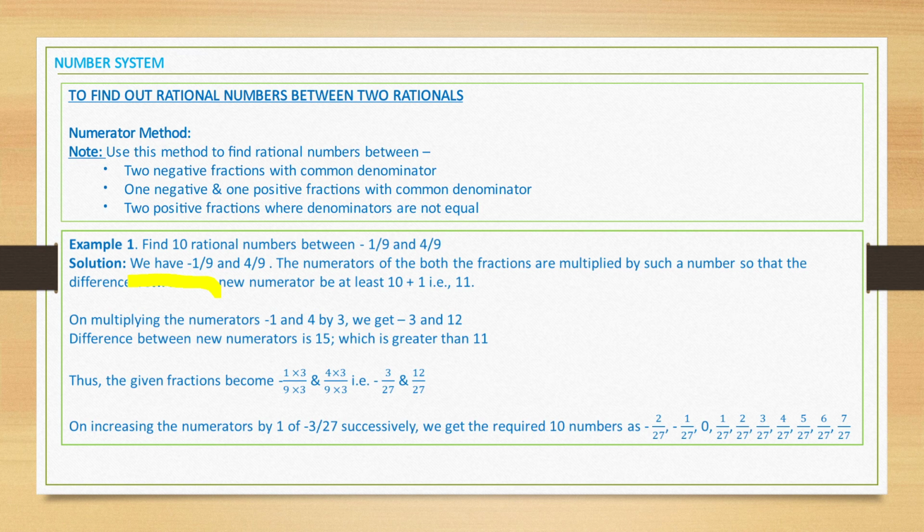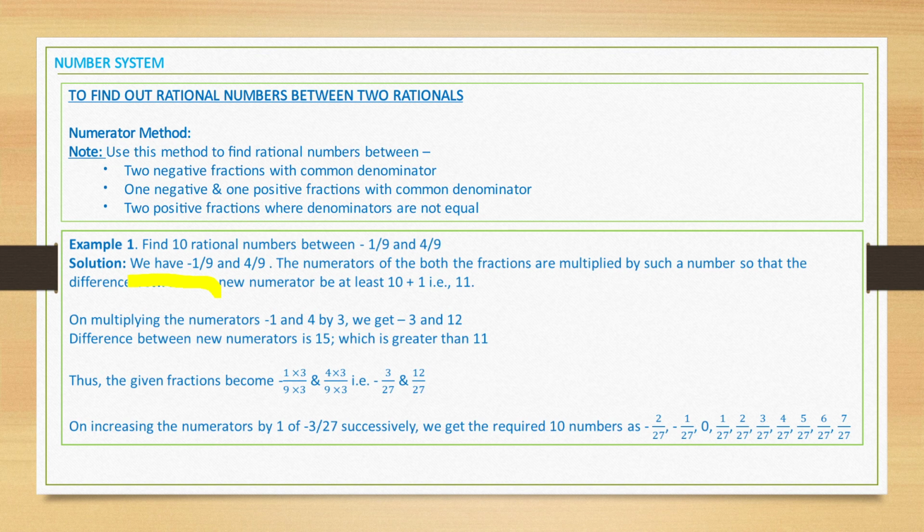So on multiplying the numerators minus 1 and 4 by 3, we get minus 3 and 12. The difference between the numerators is 15, which is greater than 11. Thus the given fractions will become minus 3 by 27 and 12 by 27.